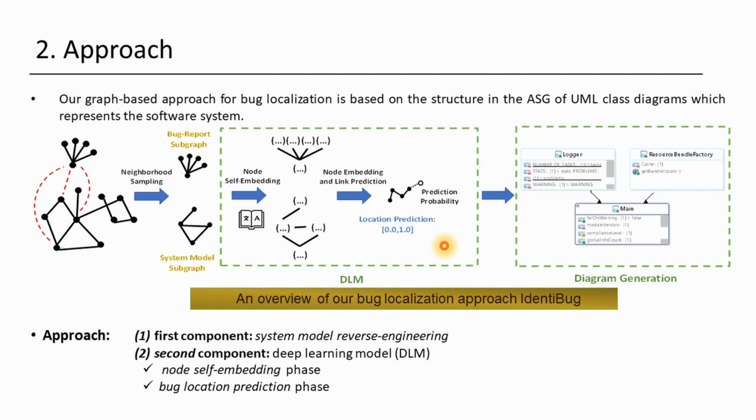During bug report prediction, we take all UML classifiers of the current version of the system model as potential locations. So we process the input UML class diagram and bug reports to create pairs LR of the bug location nodes L and the bug report nodes R from the buggy versions.